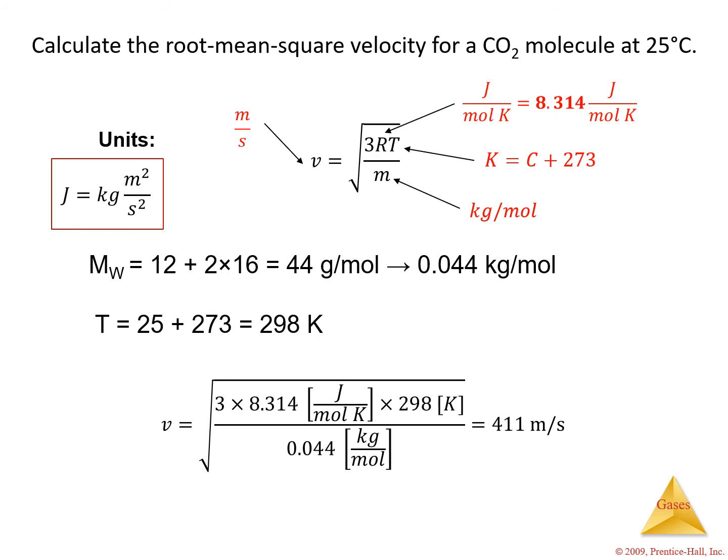But in this specific case, because you're calculating the velocity, you really have to use the R value equal to 8.314, which is in units of joule per mole per kelvin, because you're calculating the energy.